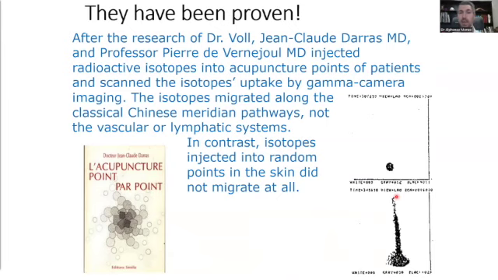I think they put it in the high 90s. I can't really remember what the stat was, but it was in the high 90s. And of course, they identified more points and a couple of other slightly different pathways than traditional Chinese medicine. And this is a picture of when they injected it into a non-point. Guess what? It went nowhere. It dissipated. So that kind of evidence really proves that, yes, we do have these energy channels in the body.